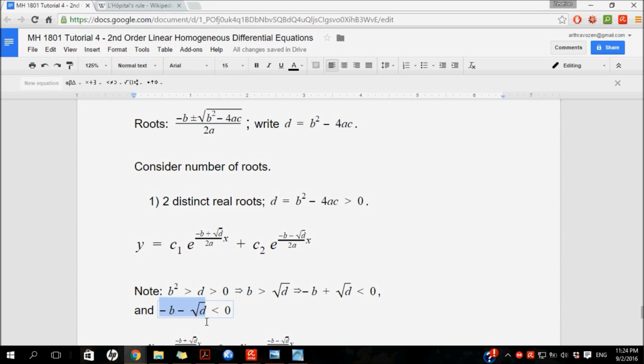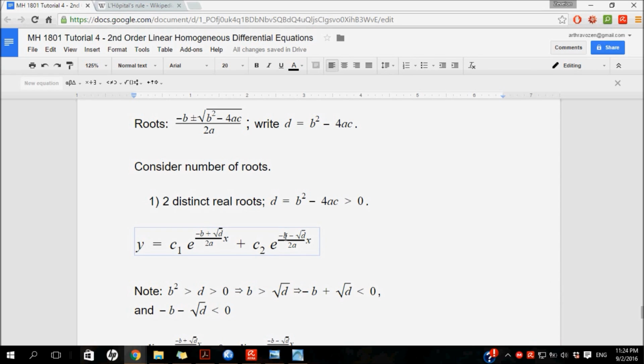What does this mean? It means that when we look at our general solution, the powers are negative when x is positive. This term, because a is a positive number, is negative. That comes from this part.